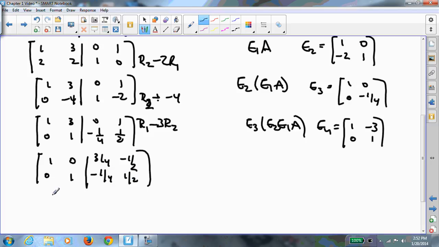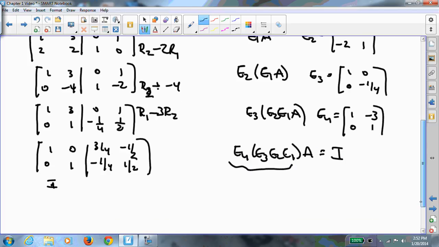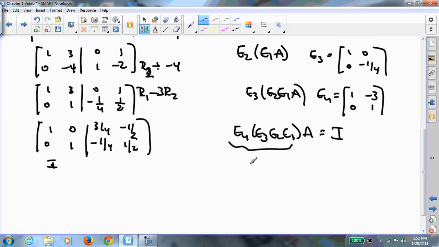So now this becomes my identity matrix, and consequently I've had E4 multiplied by E3, E2, E1, A, and that turned into the identity matrix. And what that means is that E4, E3, E2, E1, this has to be A inverse. So A inverse is E4, E3, E2, E1.